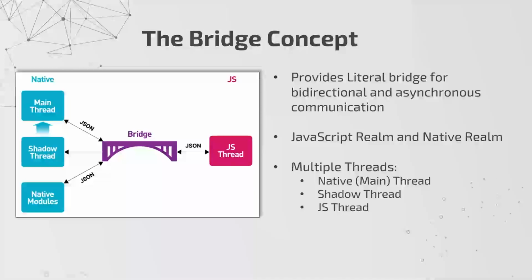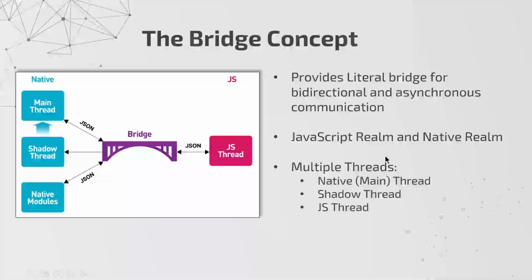For that, there are two realms, or two environments, in React Native applications. First is the JavaScript realm and second is the native realm. In the JavaScript realm, all the JavaScript-related logic building and the JavaScript to native code conversion takes place. In the native realm, the native components of the device like camera, APIs and sensors play their part.